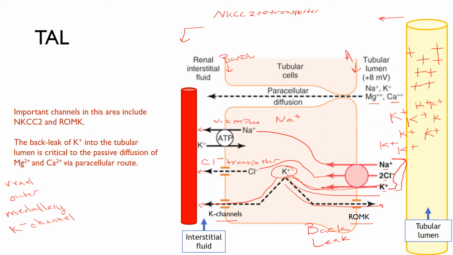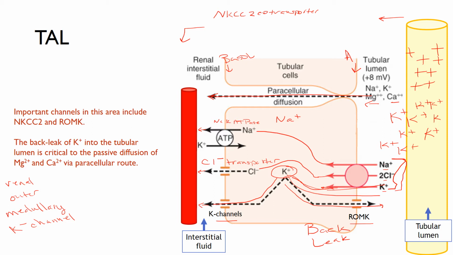The positive charge that builds up acts as a natural repellent to magnesium and calcium, which are also heavily positively charged. As a result, magnesium and calcium will exit the area using a paracellular route. Remember that paracellular route is the route between cells.